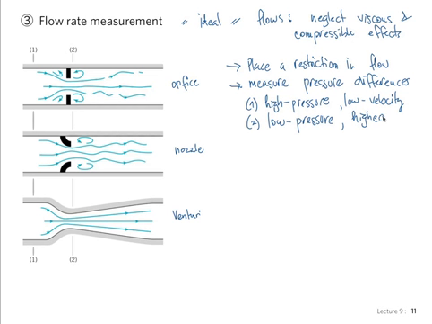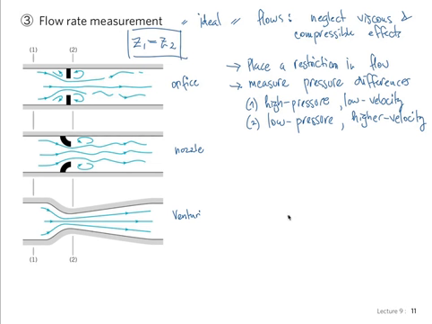So continuity means that the velocity has to be higher. Bernoulli says pressure has to be lower, and so assuming that the flow is horizontal, so Z1 equal to Z2 always, to make it easy, flow is horizontal.